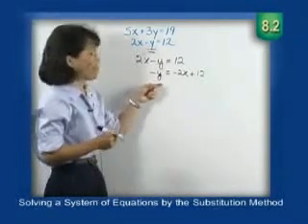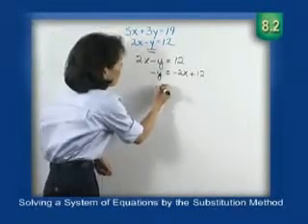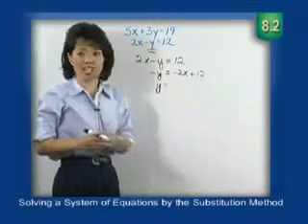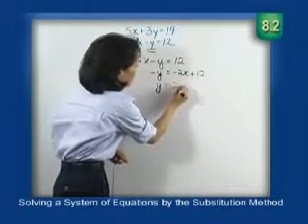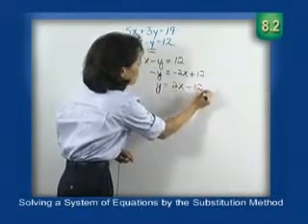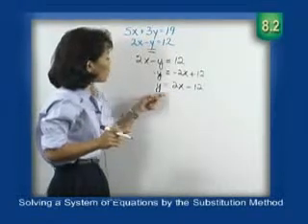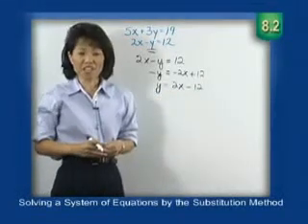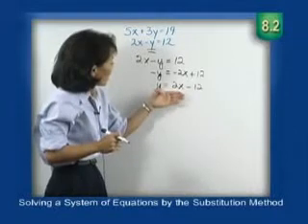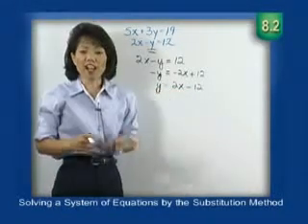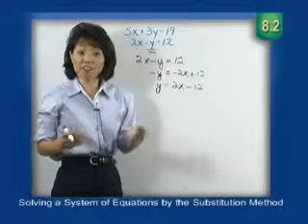Multiplying the left-hand side by negative 1, I get positive y equals, multiplying both these terms by negative 1 gives me 2x minus 12. So what did I do to solve for y here? I multiplied both sides of the equation by negative 1. Now I have y equals 2x minus 12. I've solved my second equation for y.